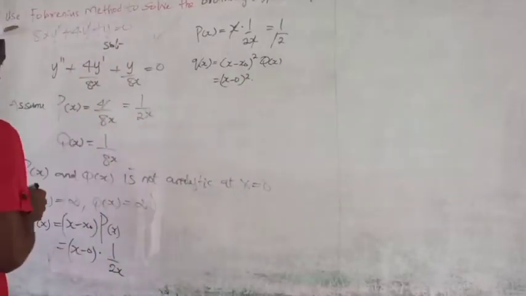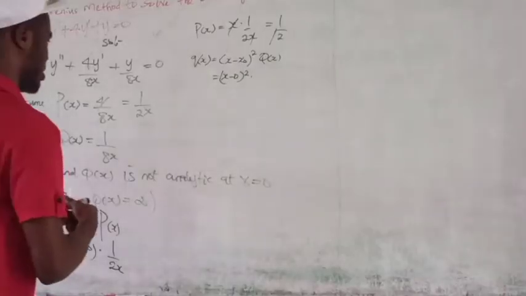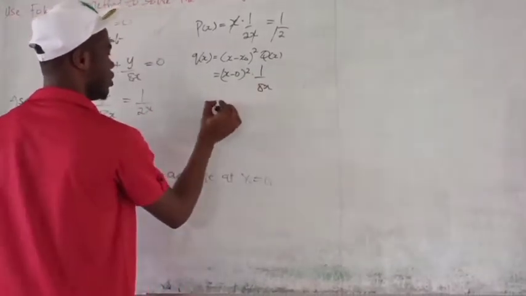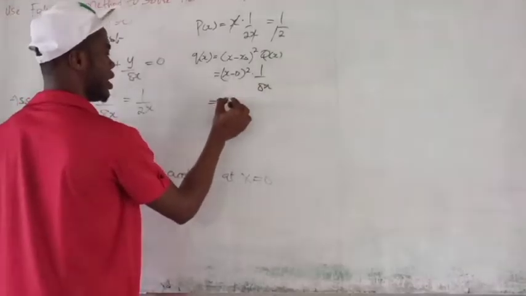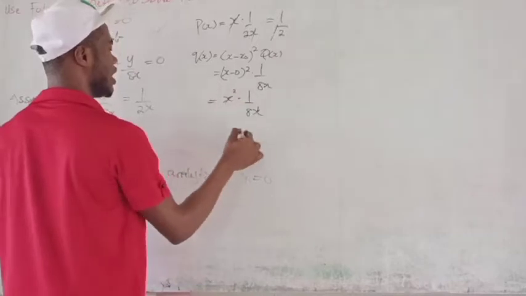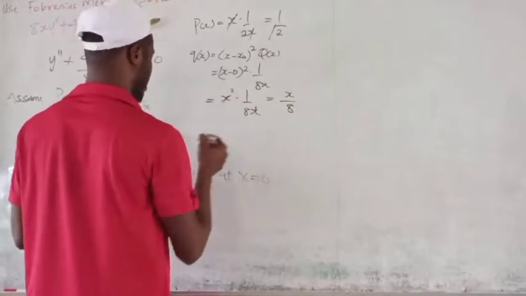And of course, Q of x is 1 over 8x. So x minus 0 is x squared times 1 over 8x. If it cancels, I'm left with x all over 8.